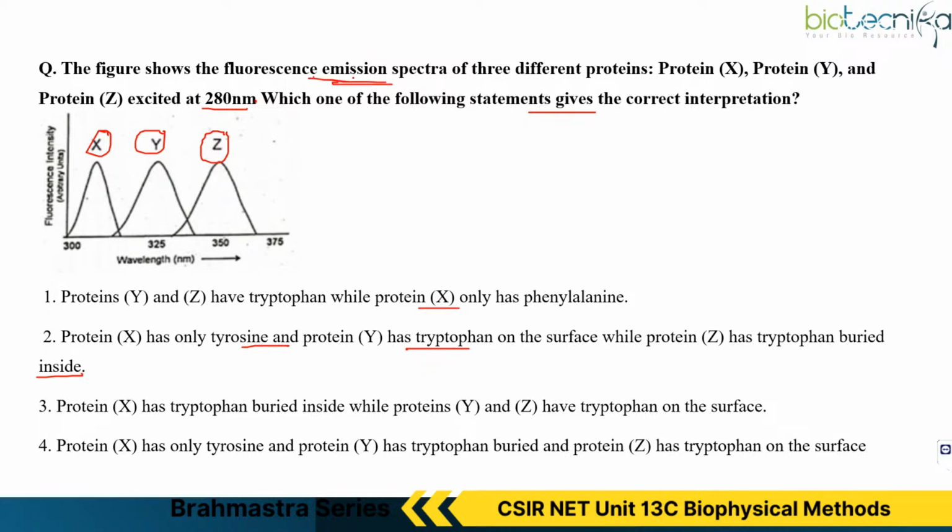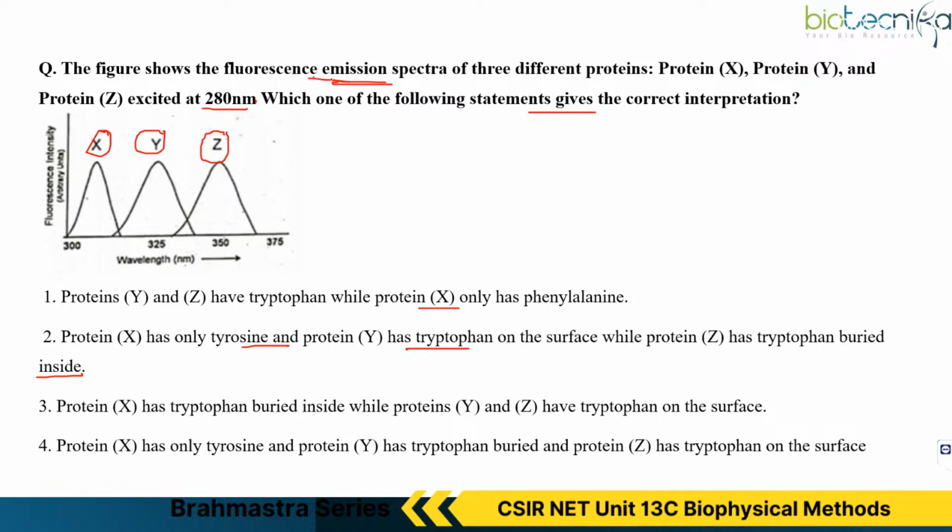A few minutes back, we discussed one question where fluorescence emission spectra was given, and I told you how tryptophan, if it is exposed on the surface, from tertiary to secondary structure, when SDS treatment is done, anionic detergent is added, affects and results in a change in the spectra.